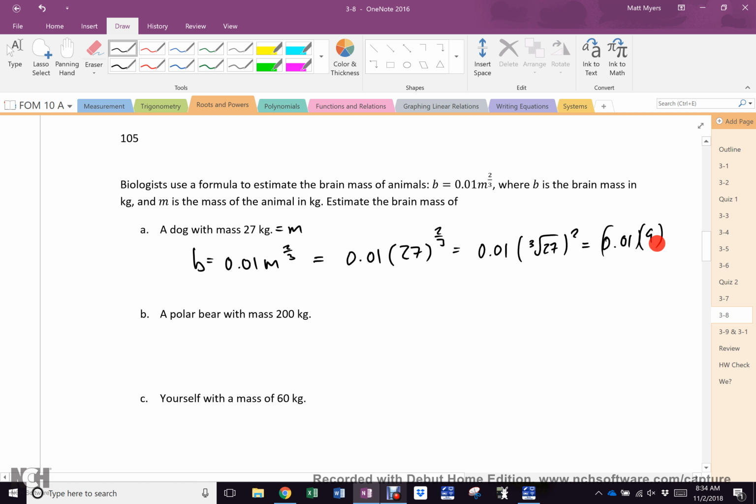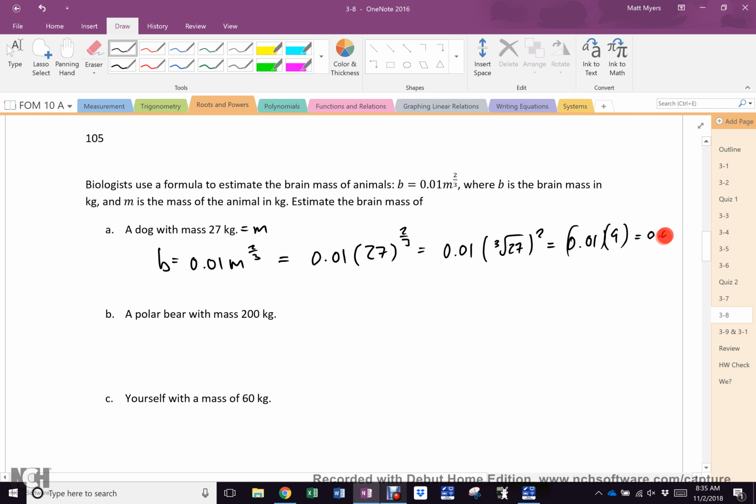How far do we move this decimal? 2 places. So my answer would be 0.09. Right? I can do it in my head, or on paper, because this works.